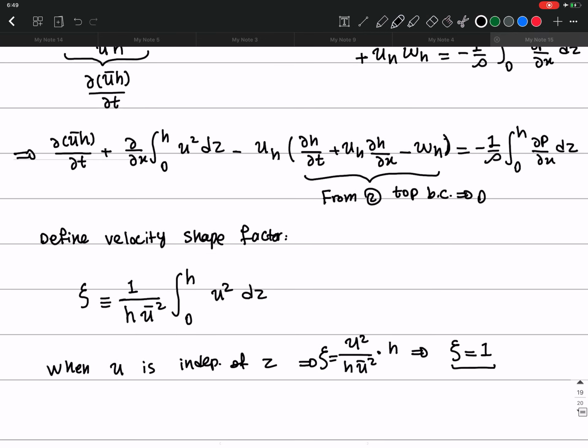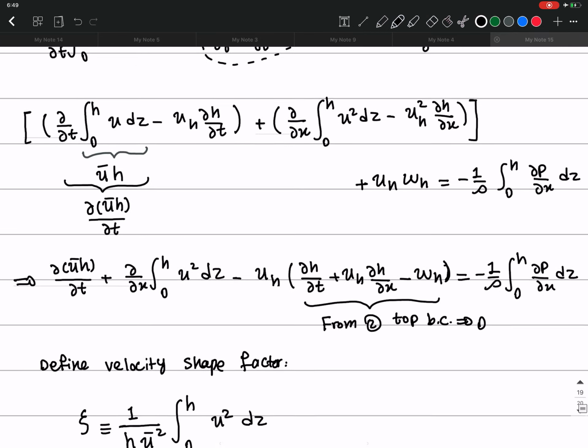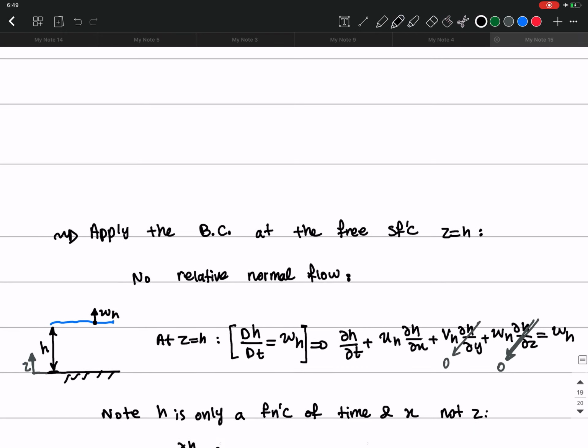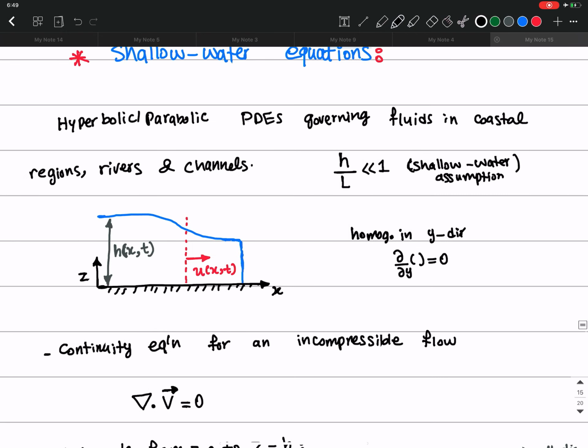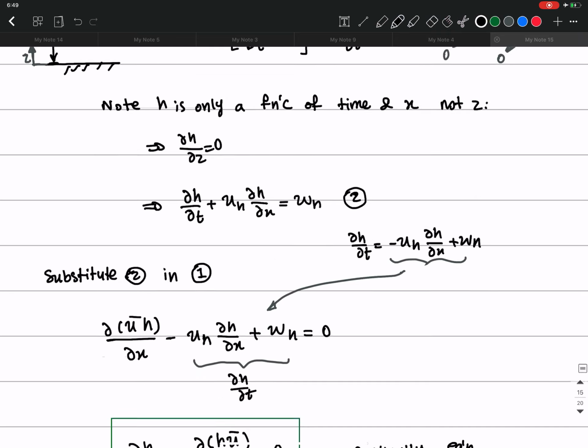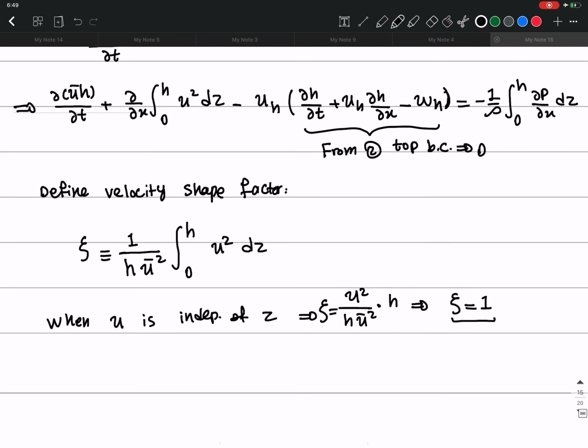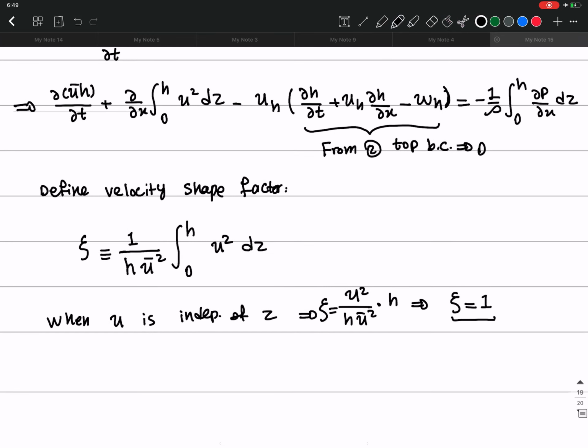In other words, here, say we have a channel, right? We have a channel here. If this u does not differ in different elevations, then this K_c is going to be 1. Like if you have this flow, say you have this water flow here, and this is the bed of the channel.